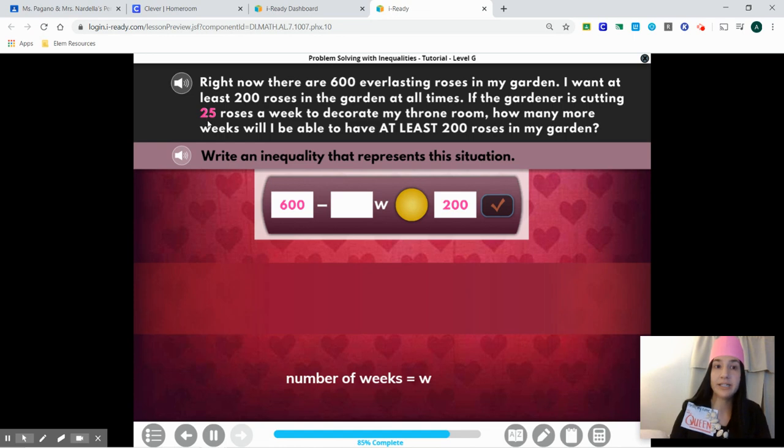And right here, it says 25 roses a week or 25 roses per week, which is going to be the number that goes with our variable. Now we have to talk about our inequality symbol, at least 200. That means we want to have 200 or more. So our inequality symbol is going to be greater than or equal to, because 200 is the least amount that we want.